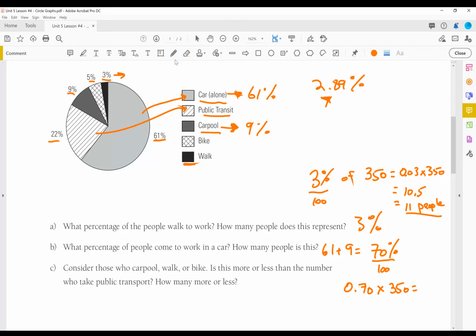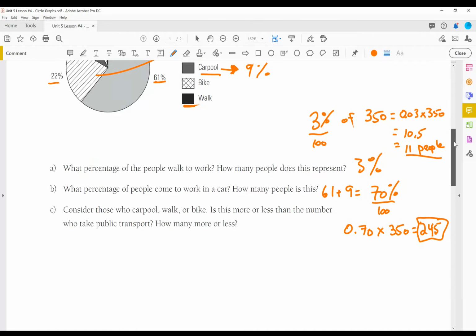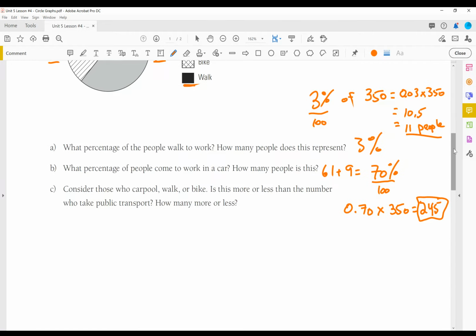So 0.7 times 350 is 245 people. So 70% of the people take a car, whether it's alone or in a carpool, which means 245 of those people of the 350 drive in a car.